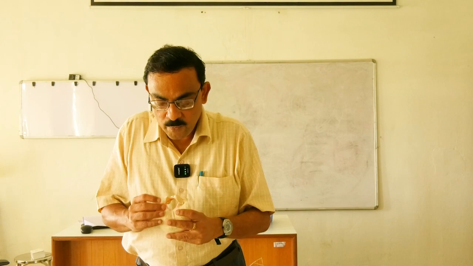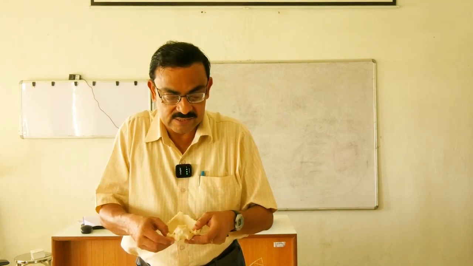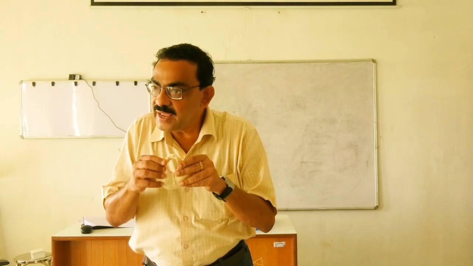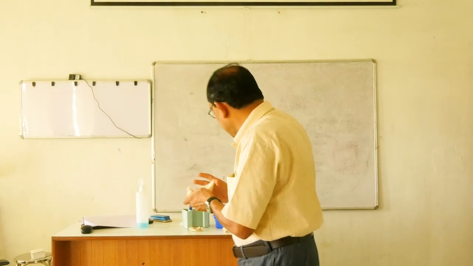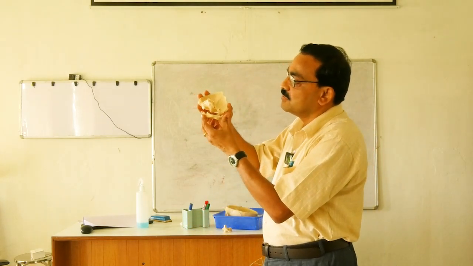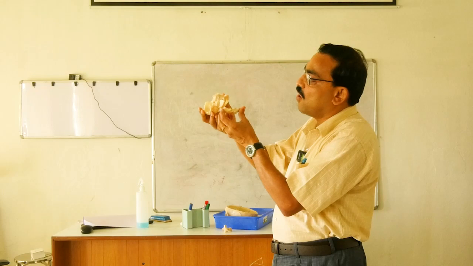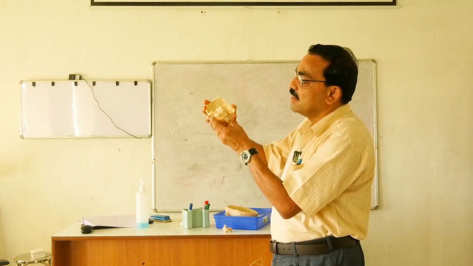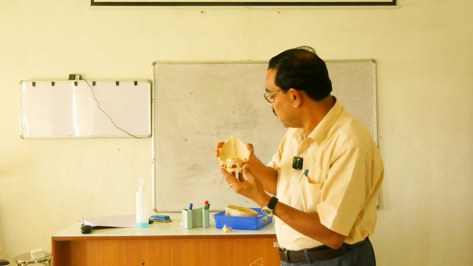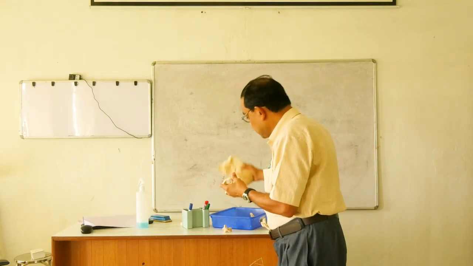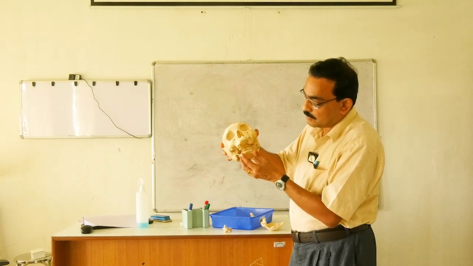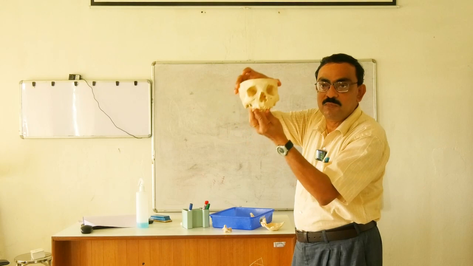On either side of the foramen magnum we can find another area, where we can find the condyles. Two condyles. Condyles means an articular area which articulates with the first cervical vertebra, which is called the atlas, because it actually holds the globe.